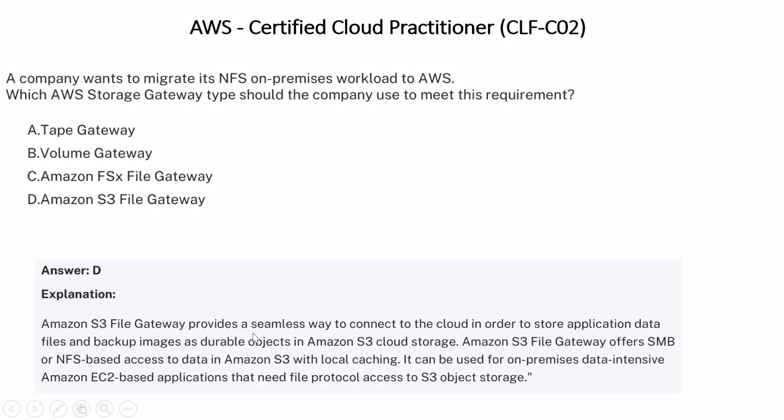Amazon S3 file gateway provides a seamless way to connect to the cloud in order to store application data files and backup images as durable objects in Amazon S3 cloud storage. Amazon S3 File Gateway offers SMB or NFS-based access to data in Amazon S3 with local caching. It can be used for on-premises data-intensive Amazon EC2-based applications that need file protocol access to S3 object storage.